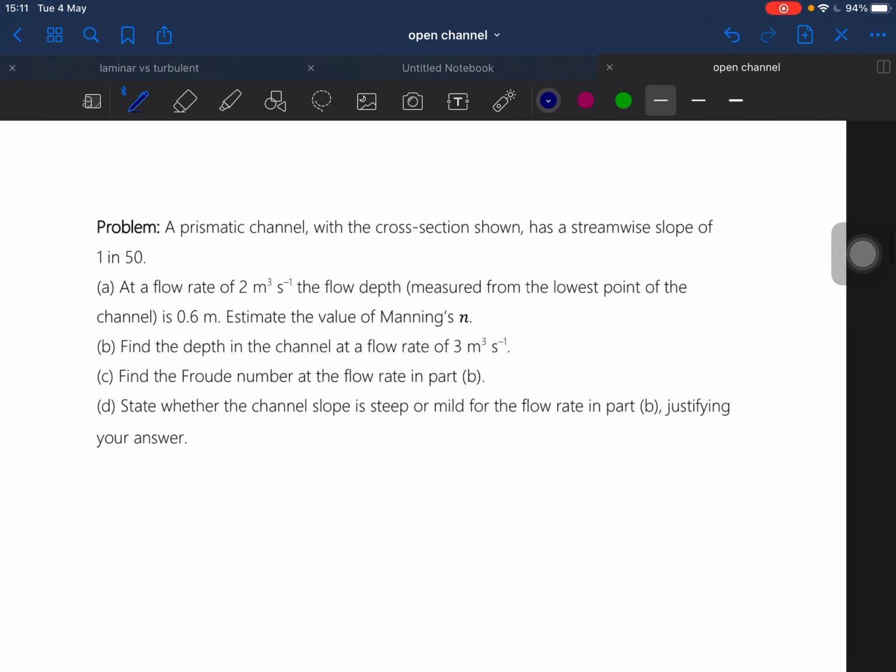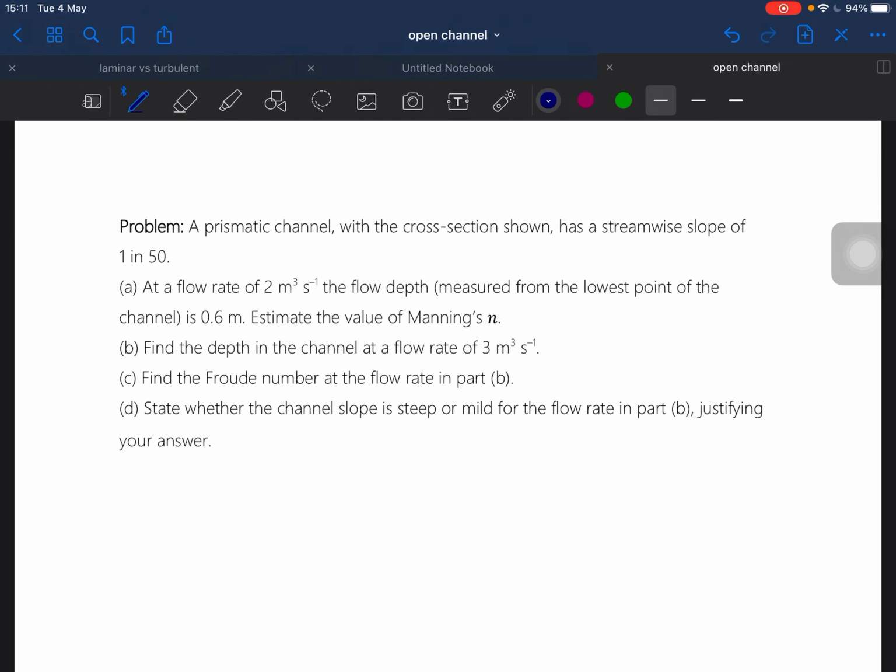So it is a prismatic channel again, but this prismatic channel is a little bit different, because as you can read it, it says, wait, what is 1 in 50?